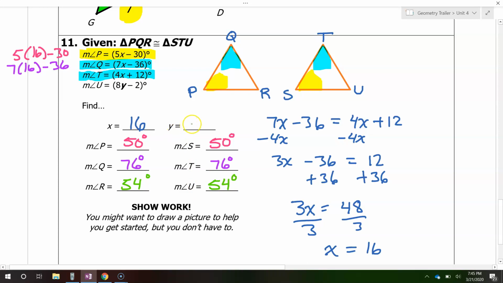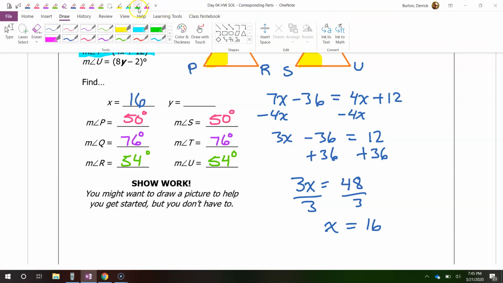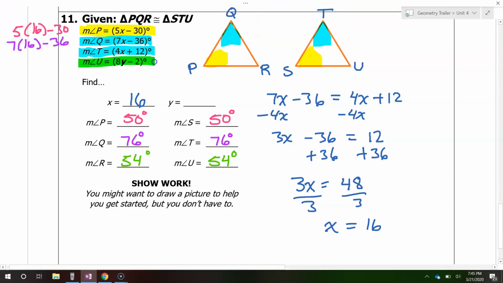So the only thing missing is y, the value of the variable y. But y only shows up in one place. Y shows up right here. Okay, angle U. But look, we just found angle U. We just found it right here.